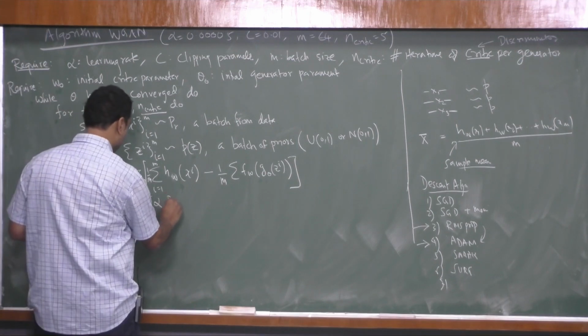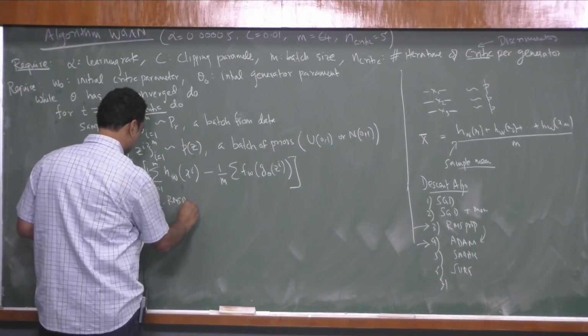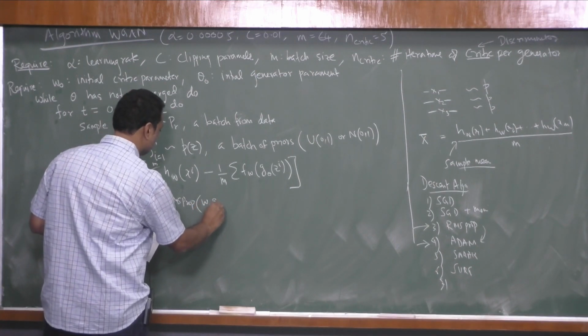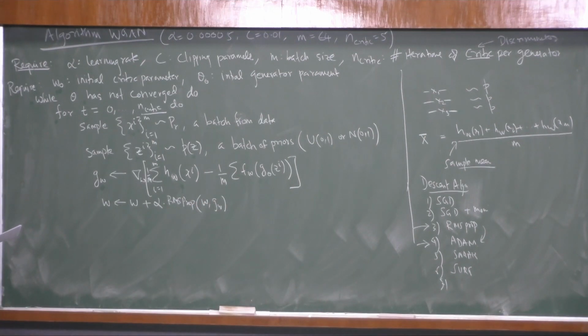So this is RMS prop. RMS prop needs your current W and gradient of W, and RMS prop also has its own parameters, which we are not showing here.